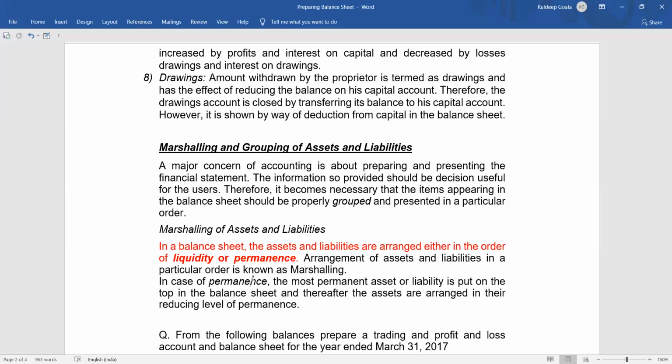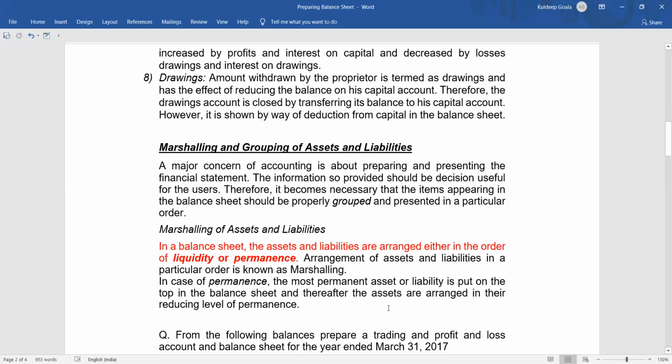In mathematical language, it is ascending order, where the lowest number is kept first and the highest number is kept last. So the assets are placed on the basis of their age, and the liabilities on the basis of theirs. The more the longevity, the later it will be placed. That is called liquidity.